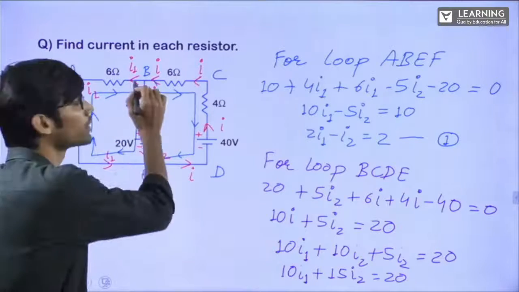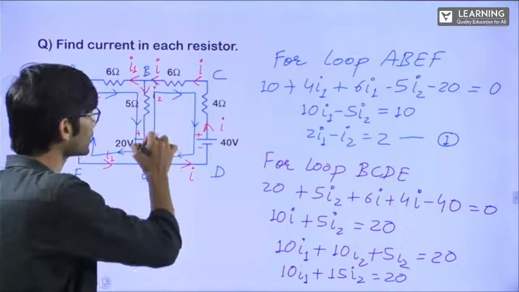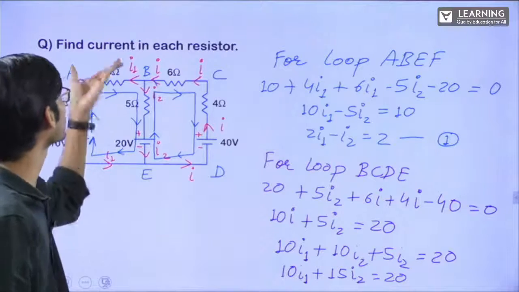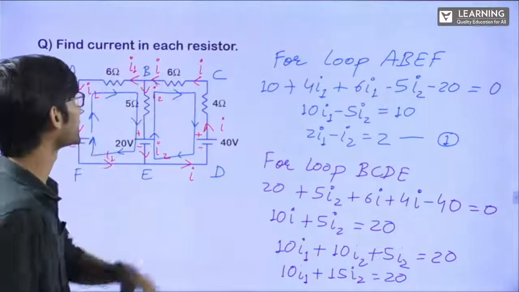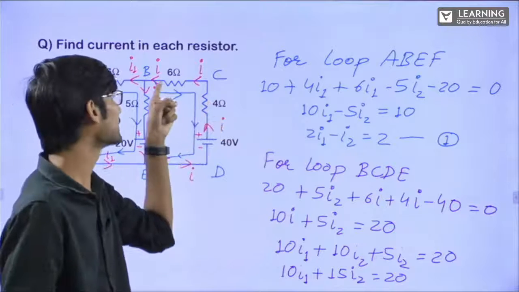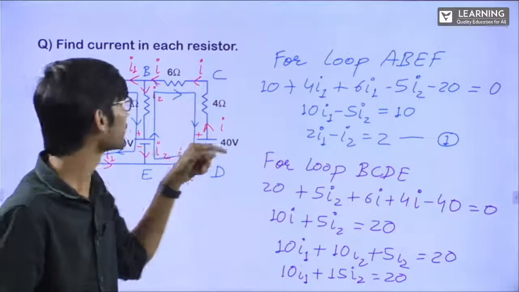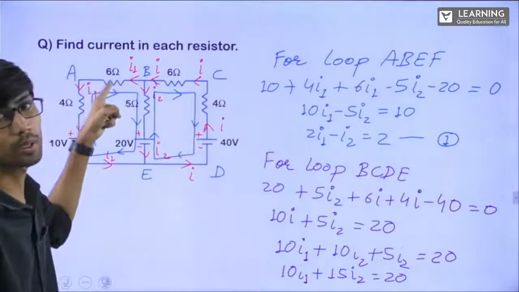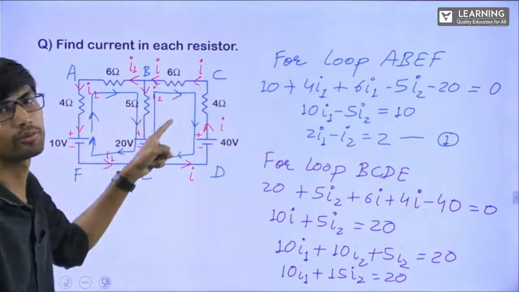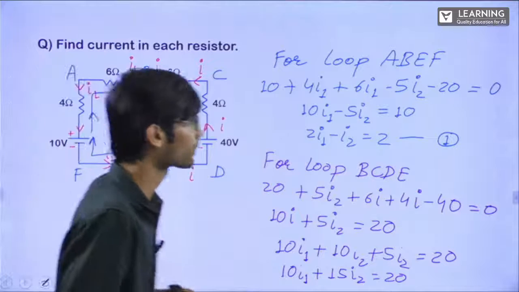Here it is going 1.25 and here it is going 0.5. Clear? The entire data of the circuit we have got. That's what we have to find. Find current in each resistor. Each resistor means this resistor how much current? 1.75. This resistor how much current? 1.75. This resistor how much current? 1.25. This resistor 1.25. This resistor 0.5. I hope you can write this.